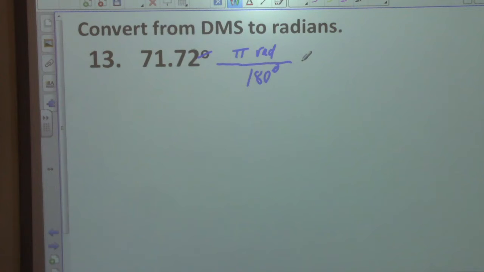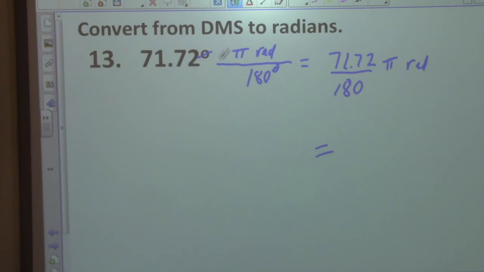And so is this thing right here, 71.72 over 180, and that's times pi, is this going to be a very neatly reducible fraction? No. No, it is not. And so when you see something like that, you say, okay, I'm just going to multiply everything together in the calculator, and you just work it out in the calculator.